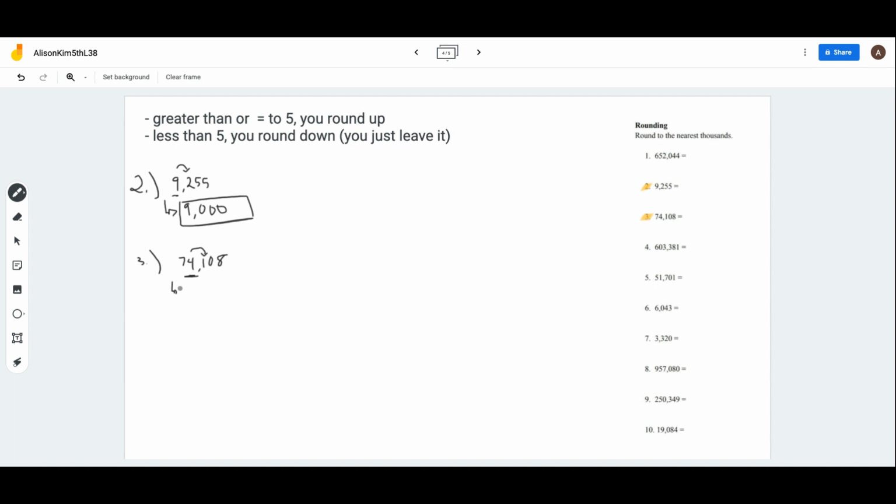However, we don't bother the 7, and we bring down the 4, and then the 3 numbers that are behind the 4 will turn into zeros. So 74,108 will turn into 74,000 when rounded. So when you're rounding, just look at this rule again and make sure that you're looking at the thousands place for this worksheet.